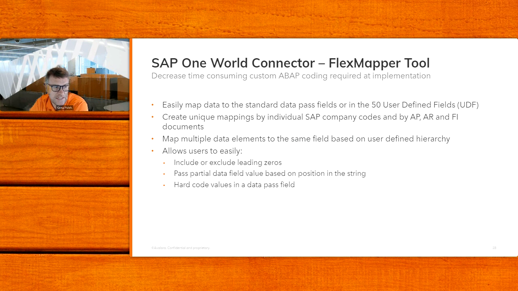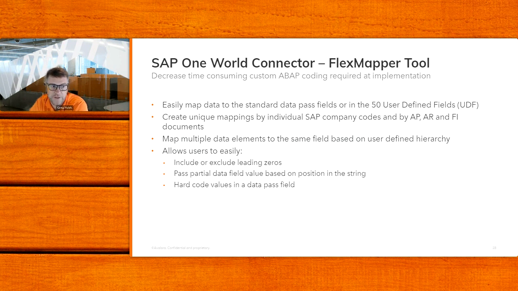Also easily allows users to include or exclude leading zeros that are a pain in SAP for data, because SAP tends to use fixed field lengths. So if it's a 10-character field and you're passing a 1-character number, it may pass nine leading zeros there that you may want to strip out. You can also pick data within a field.